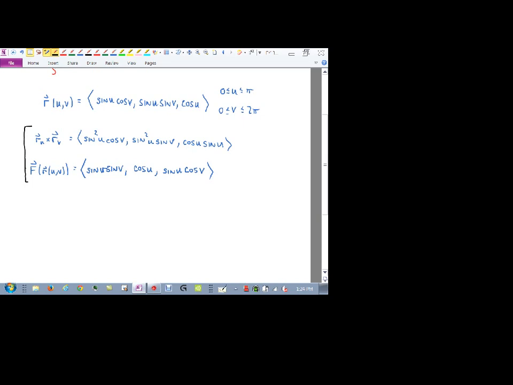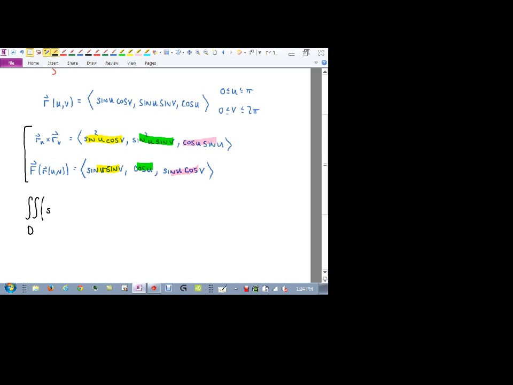I'm ready to set up the integral. I'm just going to write it down. It's a double integral over D. Let's write the dot product in there. So what's the dot product going to give me here? Not cross product, dot, right? So all I'm doing is multiplying these together, adding these two multiplied together, adding these two multiplied together.